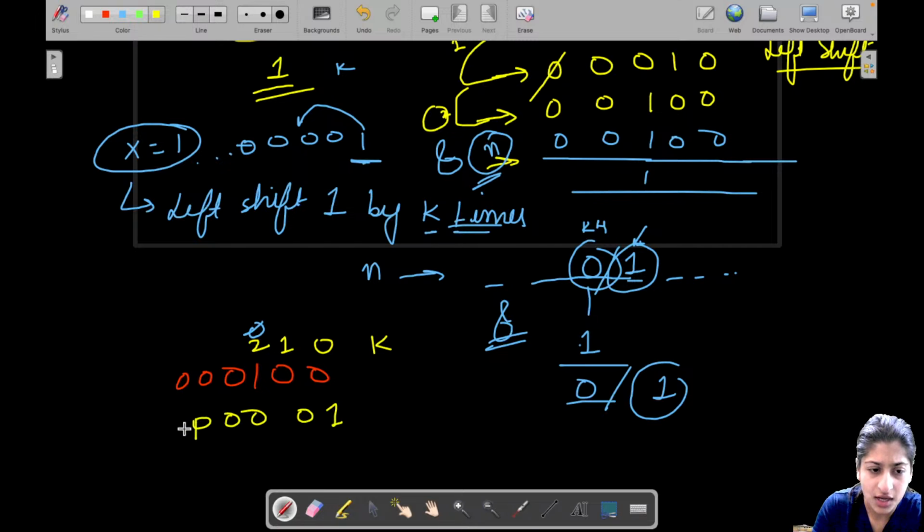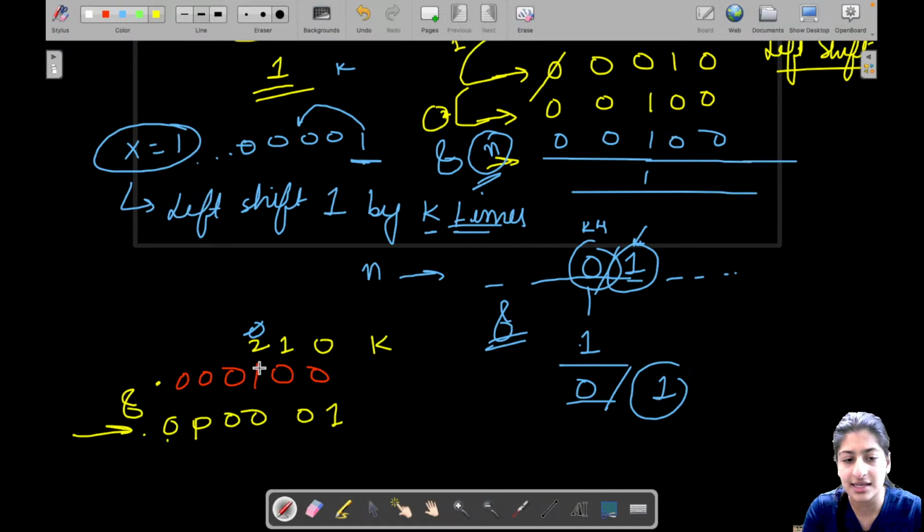I want to create a number such that at kth index I get a 1, so that when I do bitwise AND of this and this, I can easily figure if kth index has 1 or 0. So I want to find a number which contains set bit only at kth index.